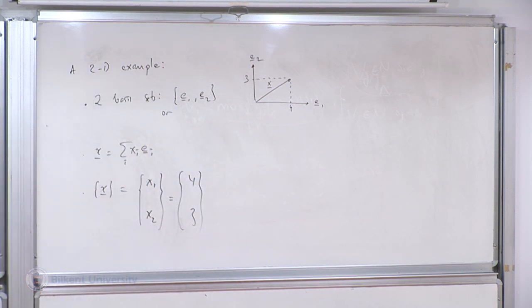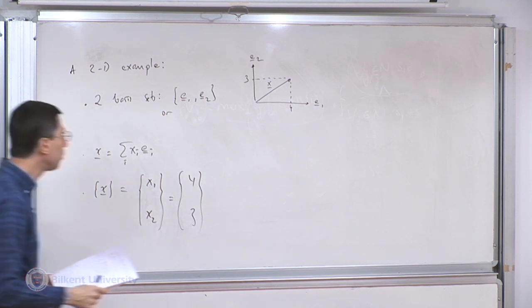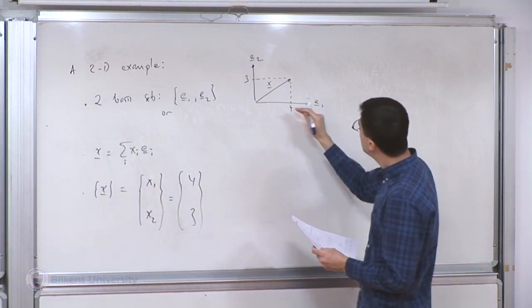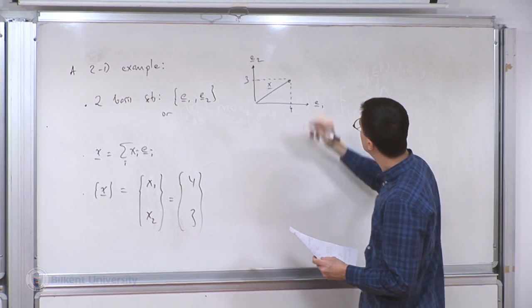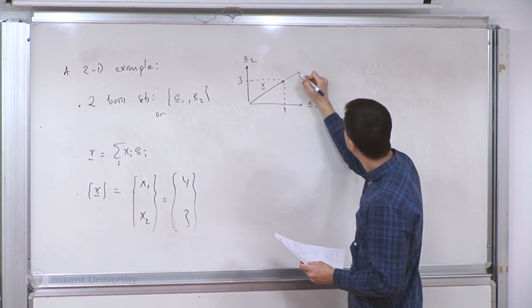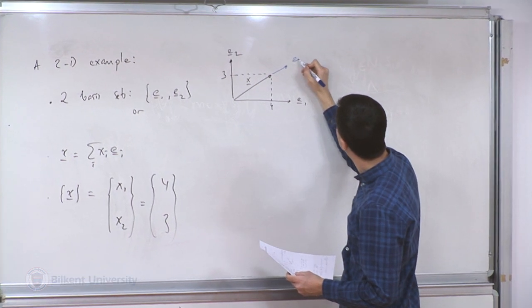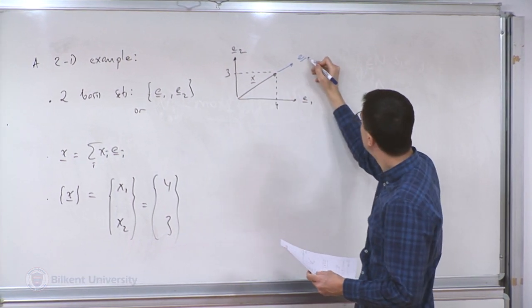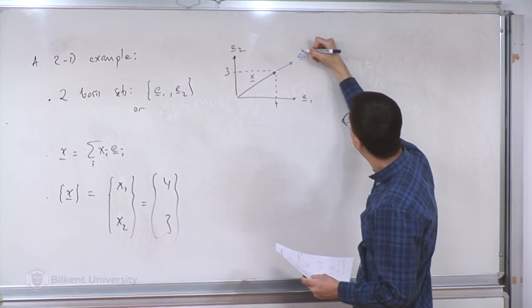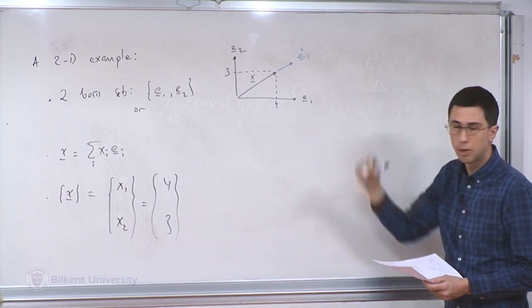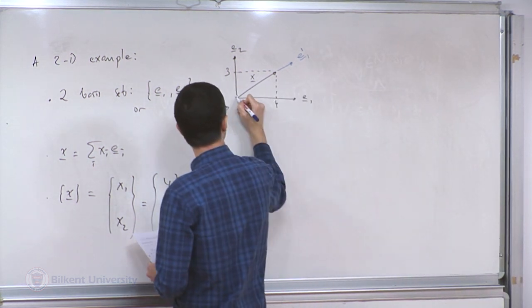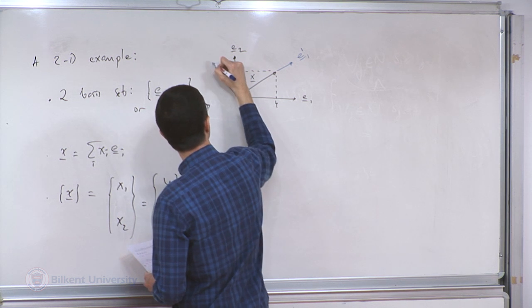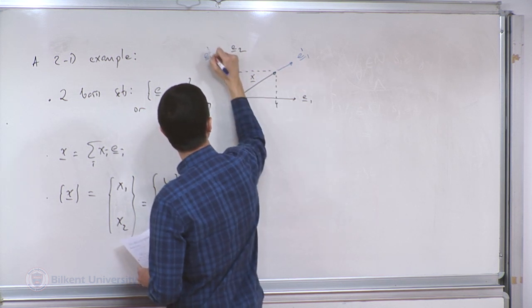Now, I will introduce another basis, okay? Because I'm usually free to choose a basis. And instead of choosing these two unit vectors as the basis, I will choose this direction as one coordinate direction, if you like. And instead of E1, I will call it E1 prime to indicate that it differs from the original choice. And then I will choose another direction that is perpendicular to E1 prime, and I will call it E2 prime.